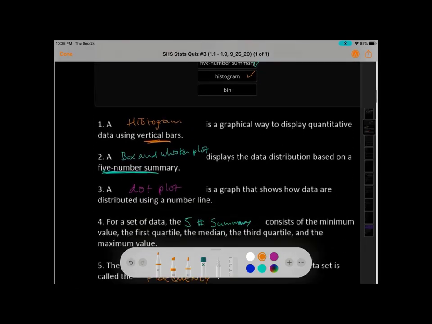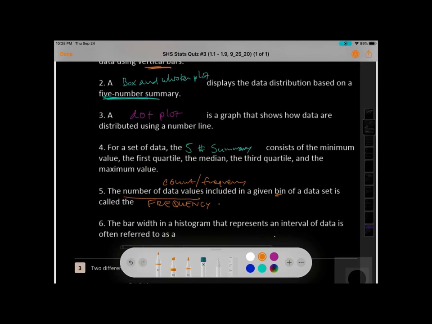And another hint why it's not bin: you wouldn't use the word in its definition. I wouldn't say, what's the definition of basketball? It's a game of playing with a basketball. It sounds kind of weird, right?